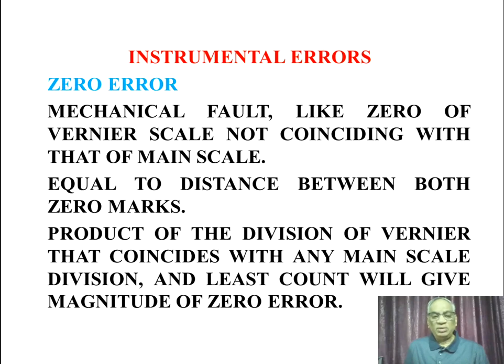The distance between the two zero marks is the zero error. If the least count is known, then the number of divisions by which the scales are off, multiplied by the least count, will give you the magnitude of the zero error. So zero error has to be corrected when you take the actual value of the measured value.